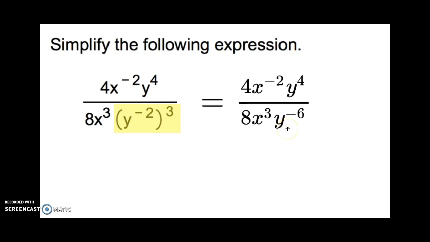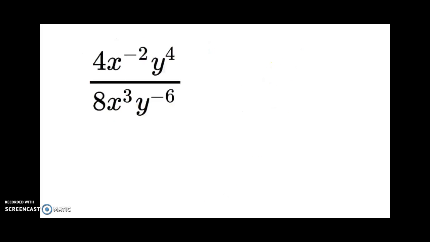Now we're going to take each of these individually: start with the numbers 4 and 8, go to the x's, and then go to the y's. Starting with the 4 and 8, if you cover all this up, you see it's the fraction 4/8, which reduces to 1/2, so that means 2 at the bottom.